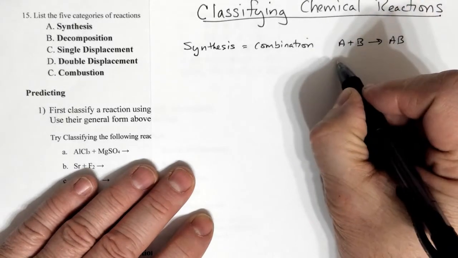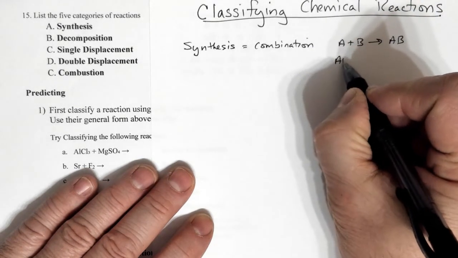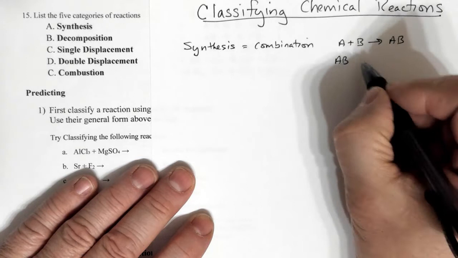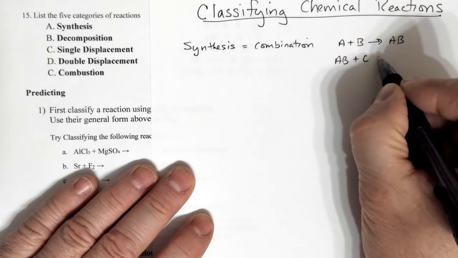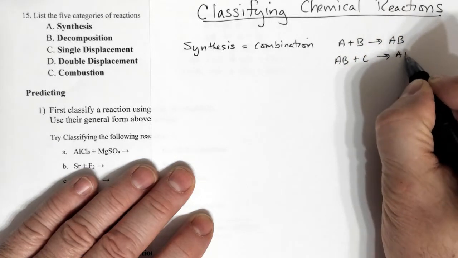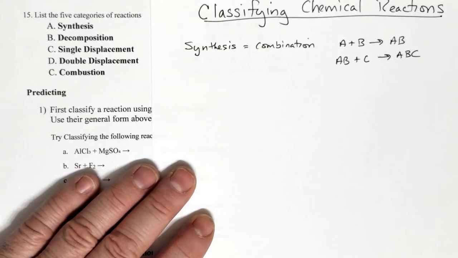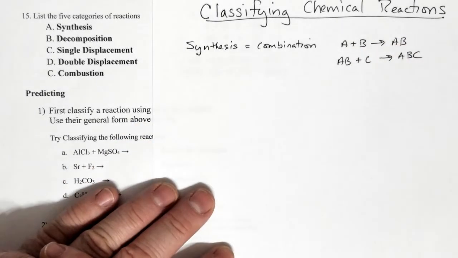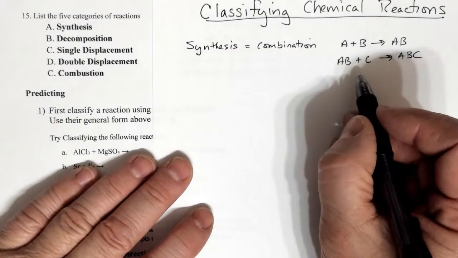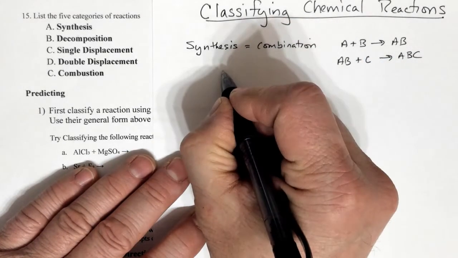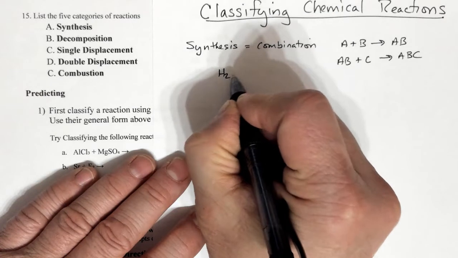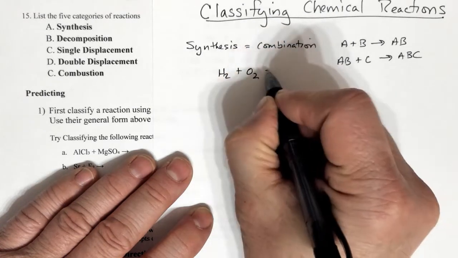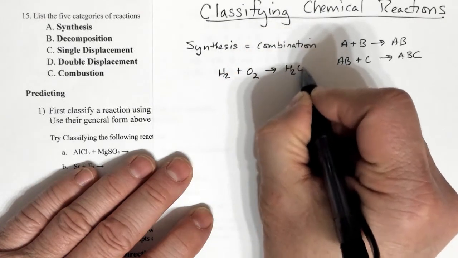You could even take a compound, A B, things that are already joined together, and add something else to their structure, so you could end up having an even bigger structure. So this is just generic letters. I'm not picking any exact equation, but to give you an example, we could take hydrogen and oxygen, and we are making water.